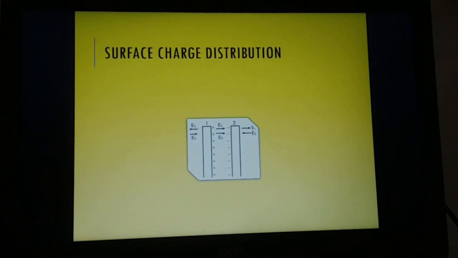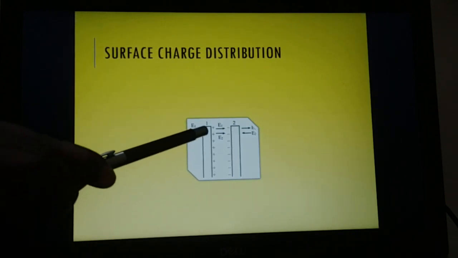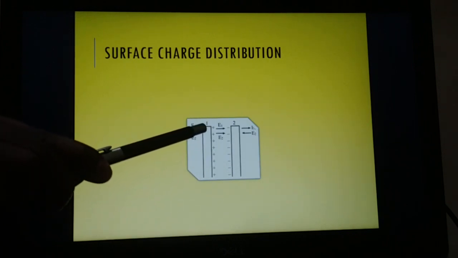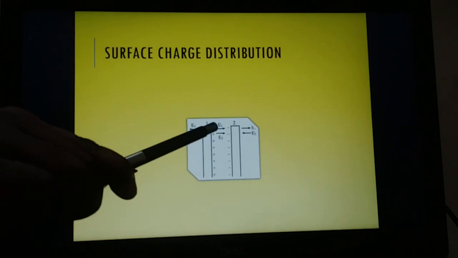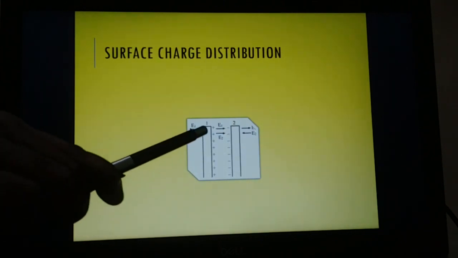As we have already said, from a positively charged plate, electric field is diverging out. So on either side of this first plate, you can see E1. What is E1? E1 is the electric field intensity due to that positively charged plate, which is denoted as 1. So E1 is diverging out from the first plate.